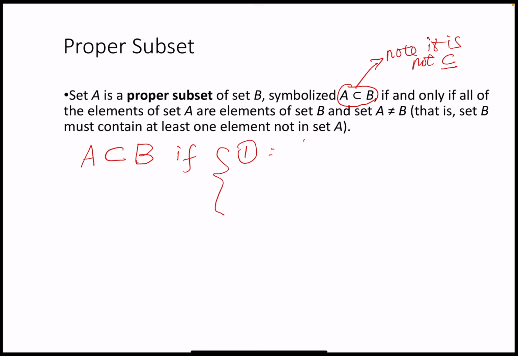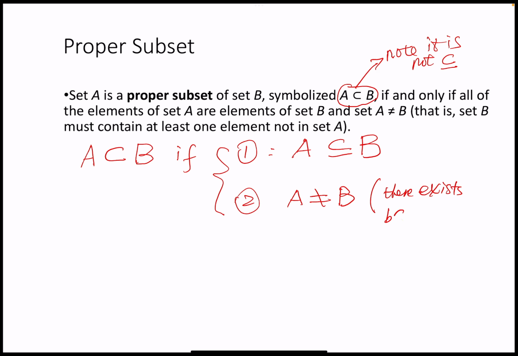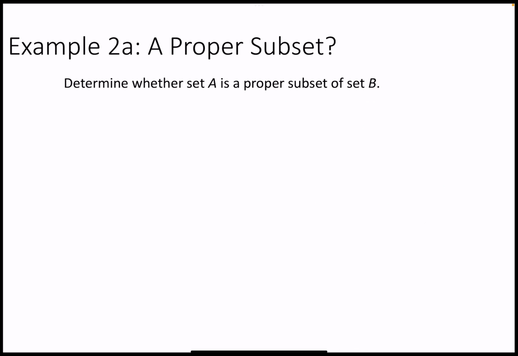One, set A is a subset of set B. Two, A is not equal to B, which means there exists b in B, an element in B, such that b is not in A. Again, I will talk about examples.